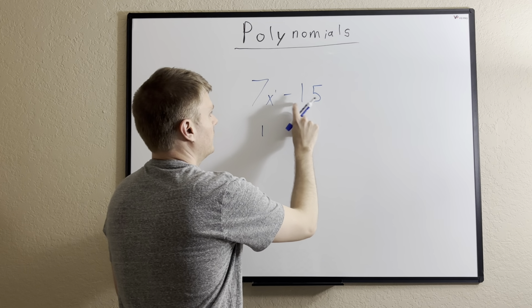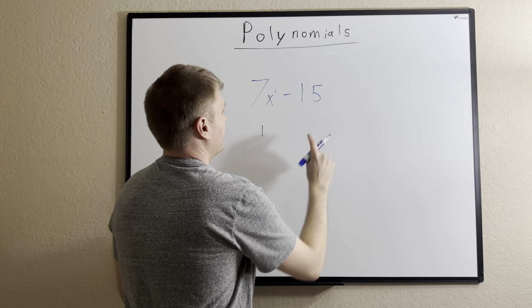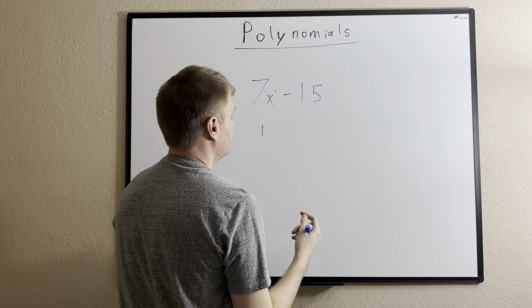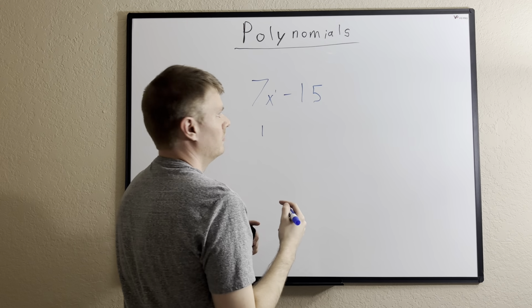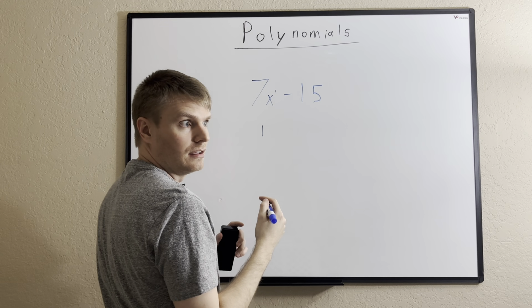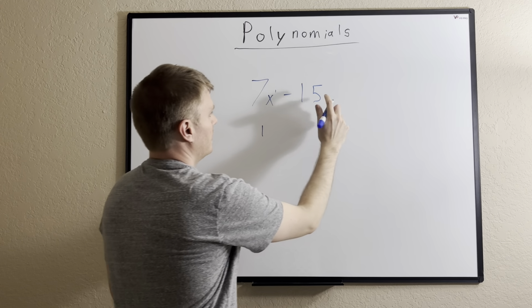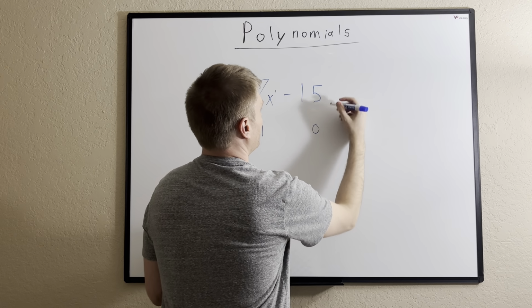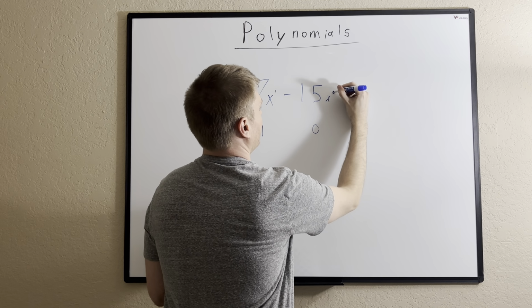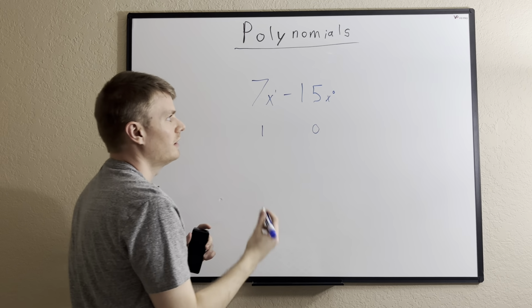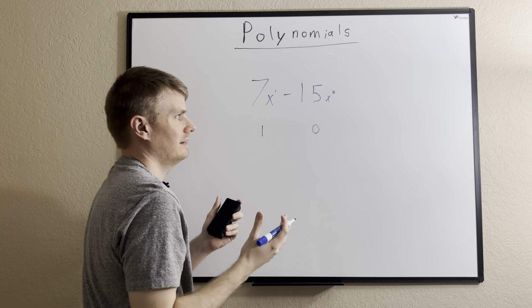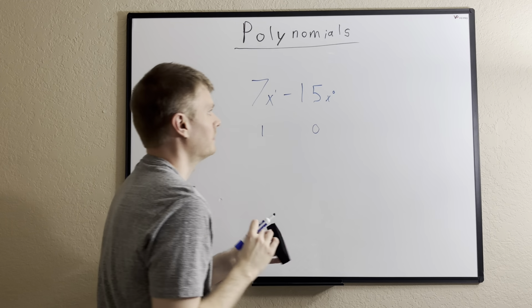What about this term? Negative 15. Coefficient is 15. What's the degree? Well, it's not 1 because there's no x there. It's actually 0. There's kind of an understood x to the 0 there. Now, why would it be x to the 0?